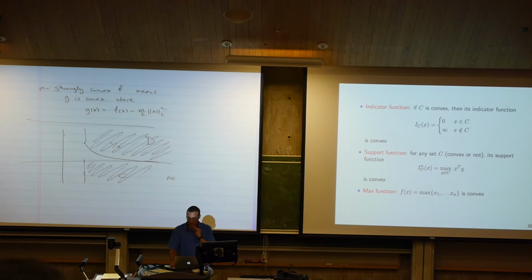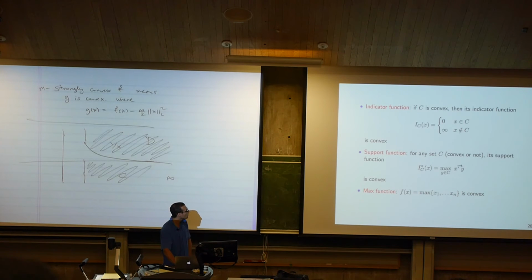Other convex functions, the indicator of a convex set is convex. So if you give me a set C, I can define its indicator, which is 0 when x is in the set and infinity when x is not. That's convex when C is a convex set. The support function is convex no matter if the set is convex or not.